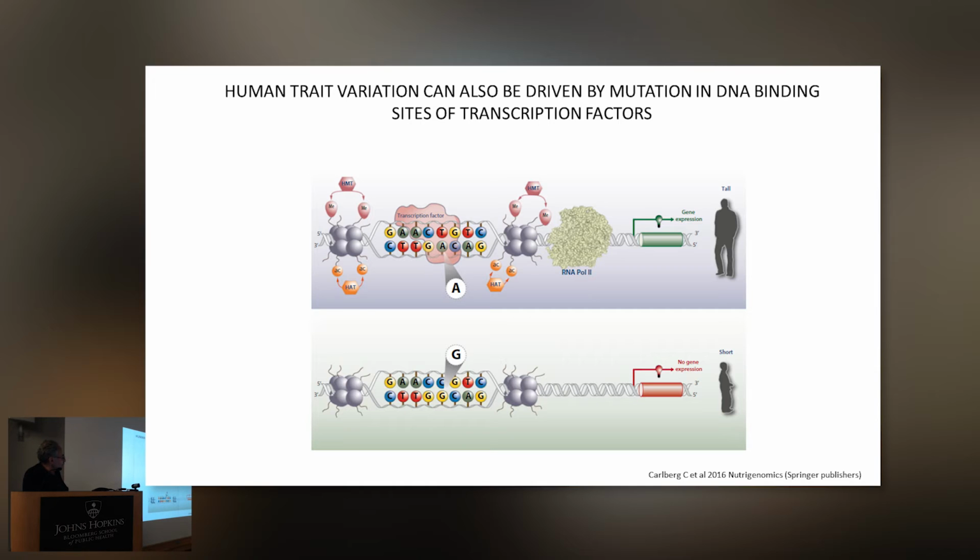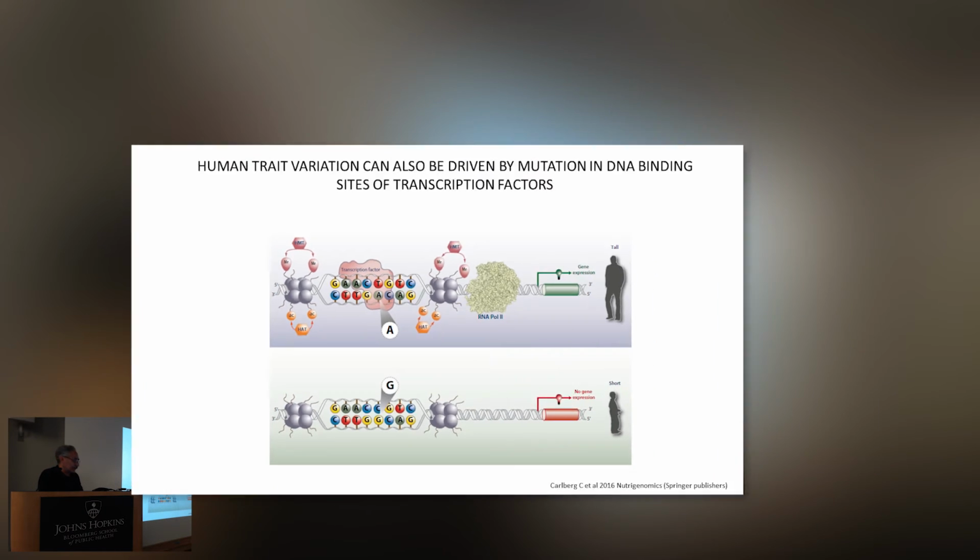So if there's a mutation here, in this case a mutation of A to G, that might disable the ability of the transcription factor to bind and therefore not exert its effect. However, it may also be that that mutation has occurred not because you inherited it, but because you acquired it. And I'll show you a very interesting example about this.